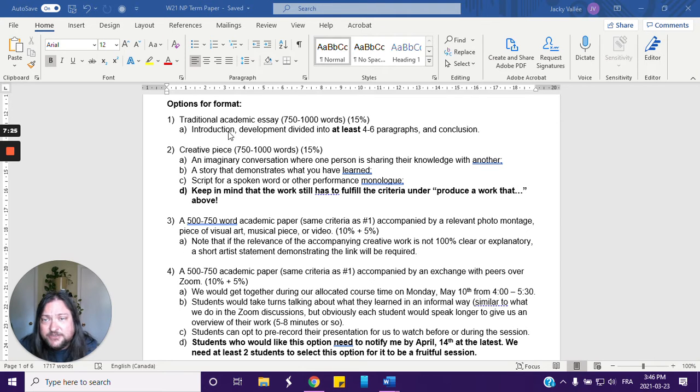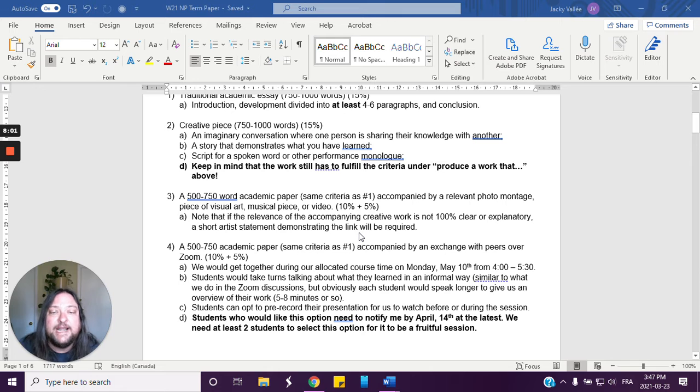The same criteria as number 1, with your intro, development, and conclusion, but a bit shorter, accompanied by a relevant piece of visual art: a photo montage, a piece of visual art, like if you paint or draw, or you're a photographer, or it can be images found online, but remember about copyright, you would need to cite them properly. A musical piece, a video, some kind of creative visual thing, in which case the essay would be worth 10% and the creative portion would be worth 5%.